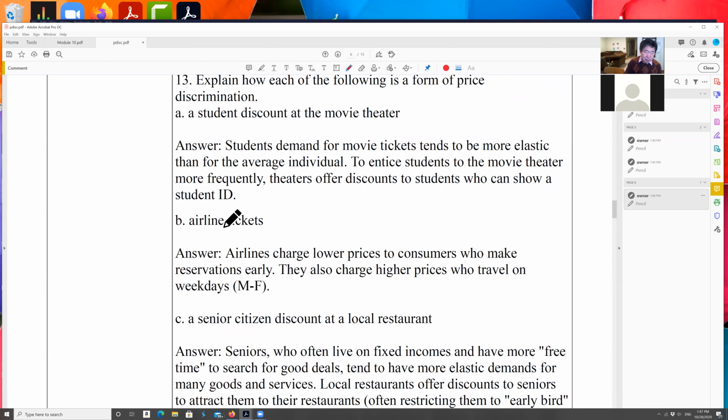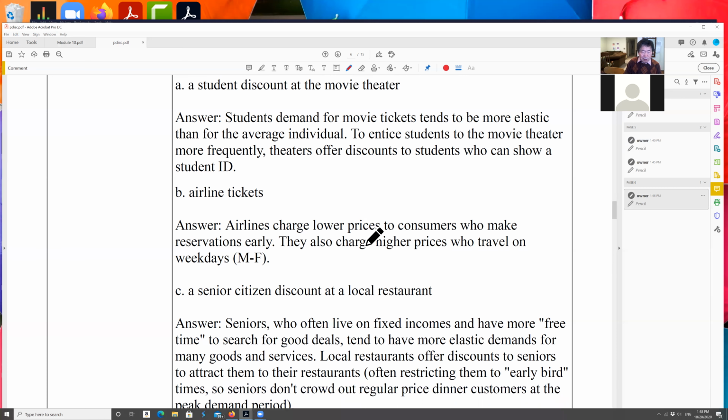But if you are traveling during business days, like on Monday or Tuesday, and come back the next day, they know you are a business consumer. You are flying because of funerals or some other reasons, in which case they will charge high prices. You will pay through your nose, okay?